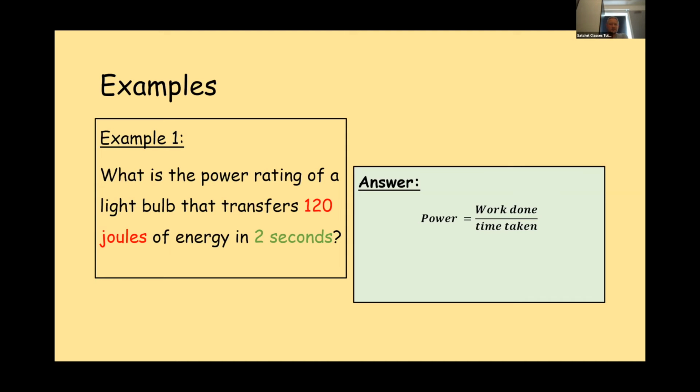Note that the question doesn't say what the work done is, but it says it transfers 120 joules of energy. This is where that rule, work done equals energy transferred, comes in handy. So I've got 120 joules divided by 2, which means that the total power of the light bulb is 60 joules per second, or 60 watts.